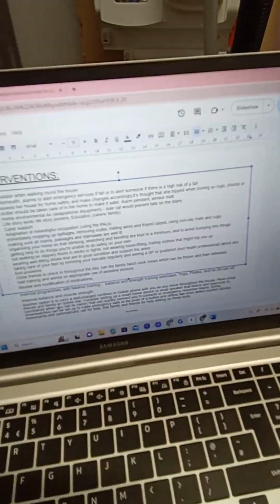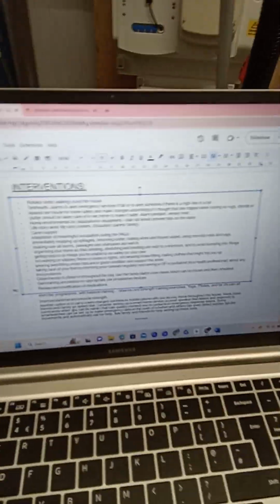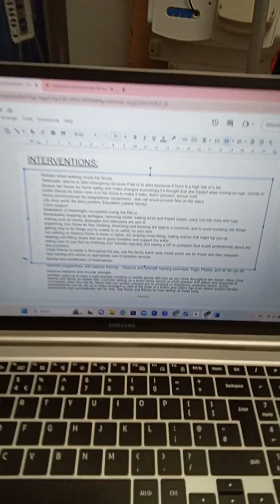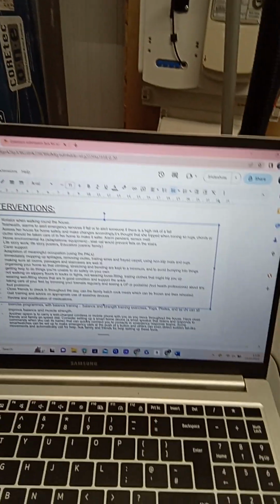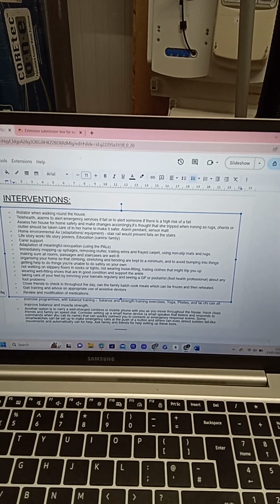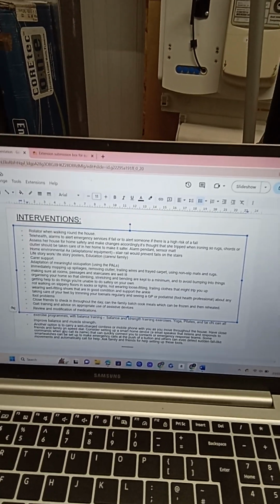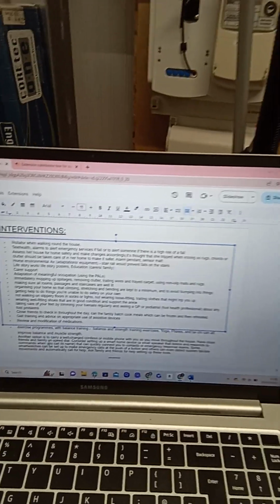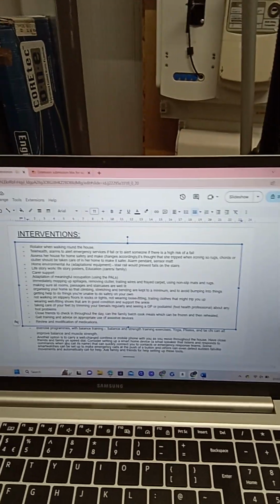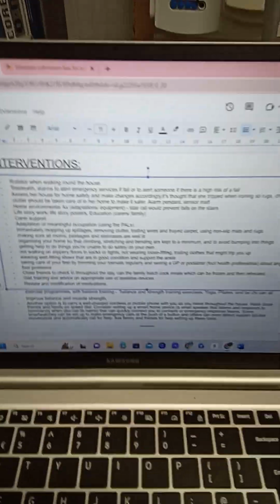We could look at using a rollator when walking around the house, just to mobilise a little bit more easily for her. And then we'd also probably look at things, you could also get sensory mats. She also tripped when she was ironing, so we could look at rugs within the home, carpets.